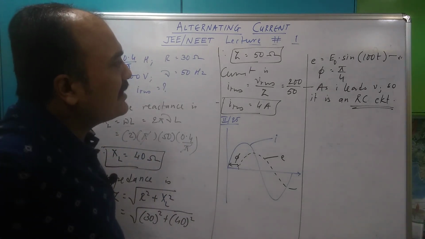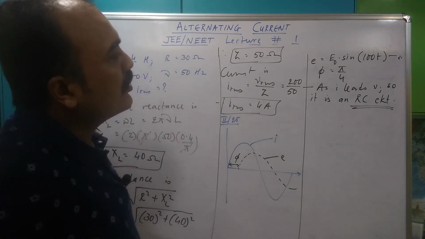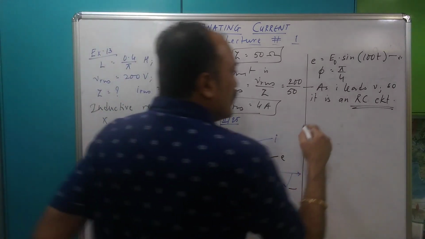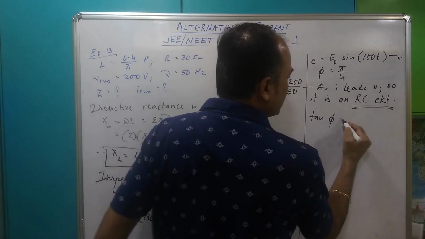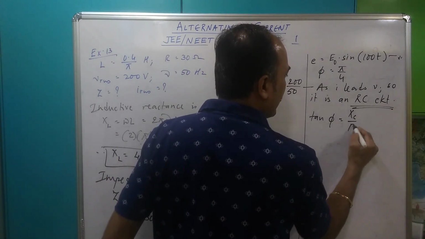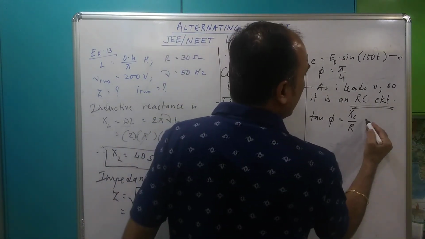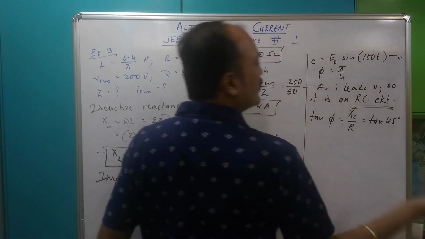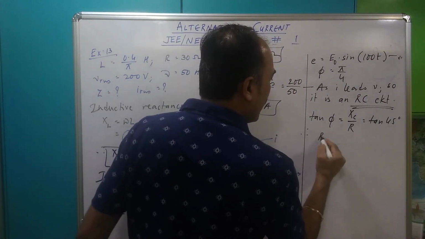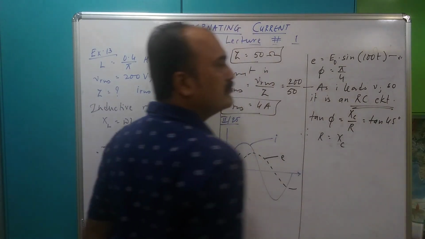Now they are telling me that phi is pi by 4. Now tan phi, because it's only an RC circuit, is XC by R. XL is not there. And this is tan 45. Phi is 45. Tan 45 is 1. So R has to be equal to XC.